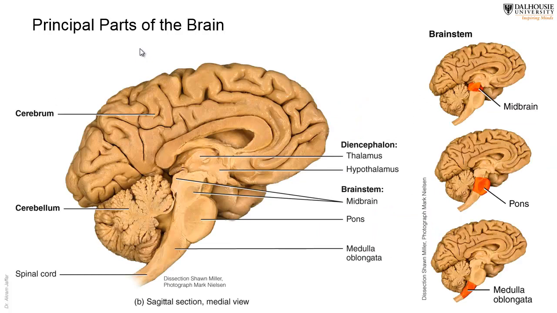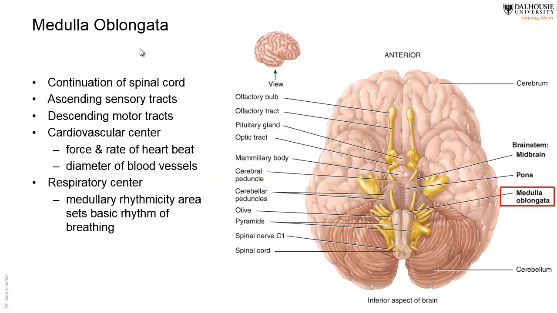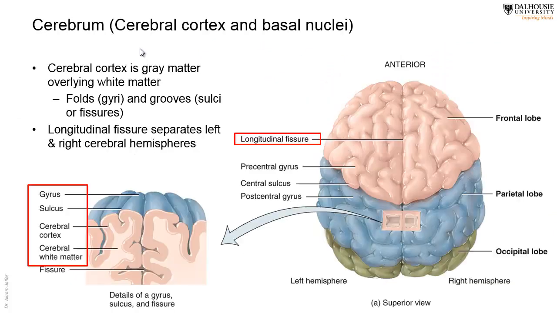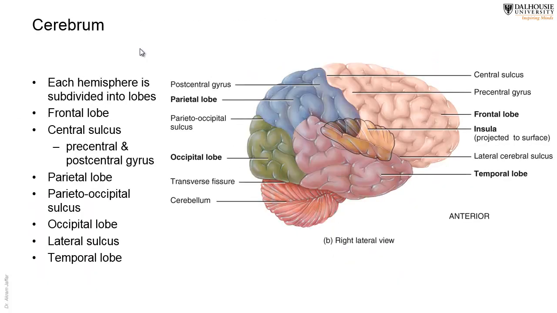So this is the parieto-occipital sulcus. It can be seen on the medial side of the brain, but it is just projected in this diagram onto the lateral surface. The parieto-occipital sulcus, as its name indicates, separates the parietal lobe from the occipital lobe. That's why it's called the parieto-occipital sulcus.